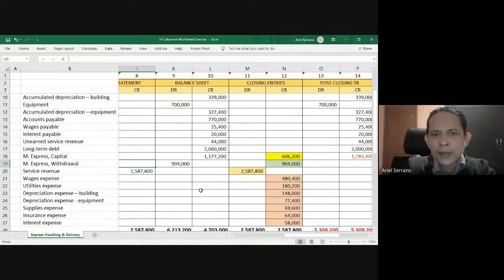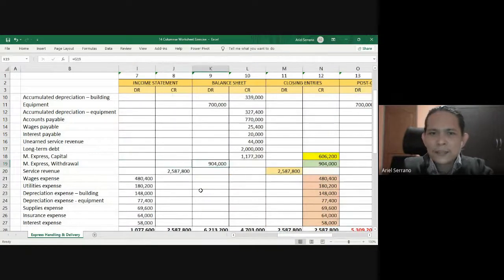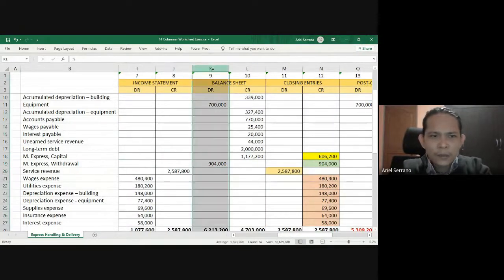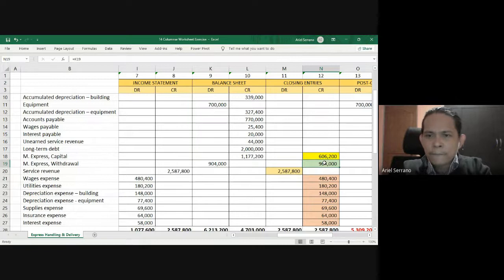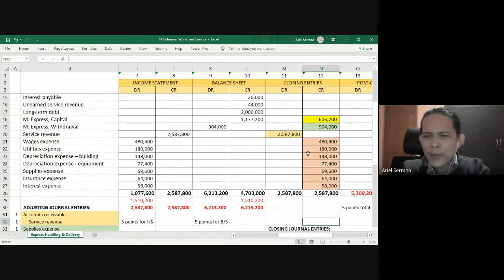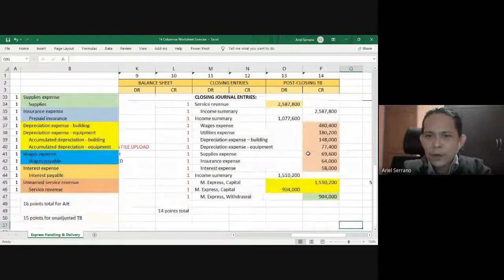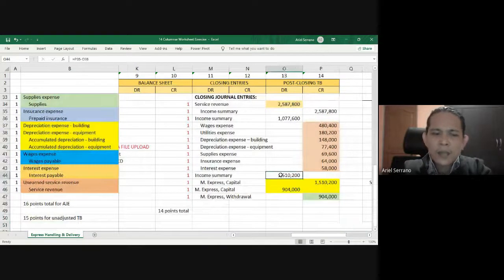Let's look at your balance sheet. It's on the debit side, your withdrawal account. Okay? For us to close it, it has to be credited. Except that in this case, we have compounded them because in our income summary, we have earned a profit of 1.5 million.